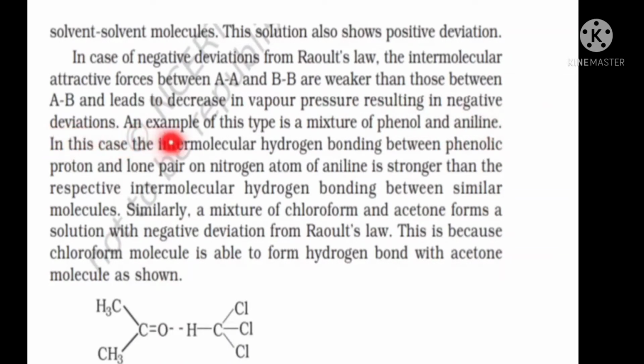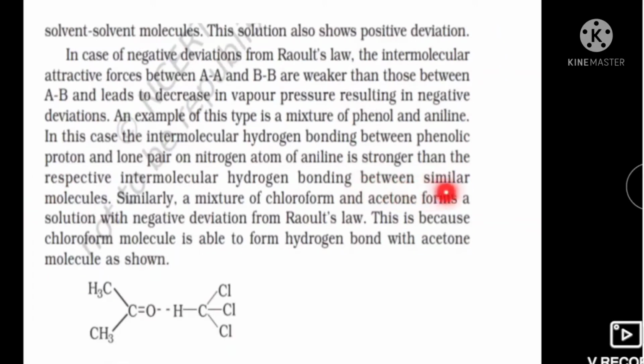In this case, the intermolecular hydrogen bonding between the phenolic proton and the lone pair on the nitrogen atom of aniline is stronger than the respective intermolecular hydrogen bonding between similar molecules. Another example is the mixture of chloroform and acetone, which shows negative deviation from Raoult's law. This is because the chloroform molecule is able to form a hydrogen bond with the acetone molecule.